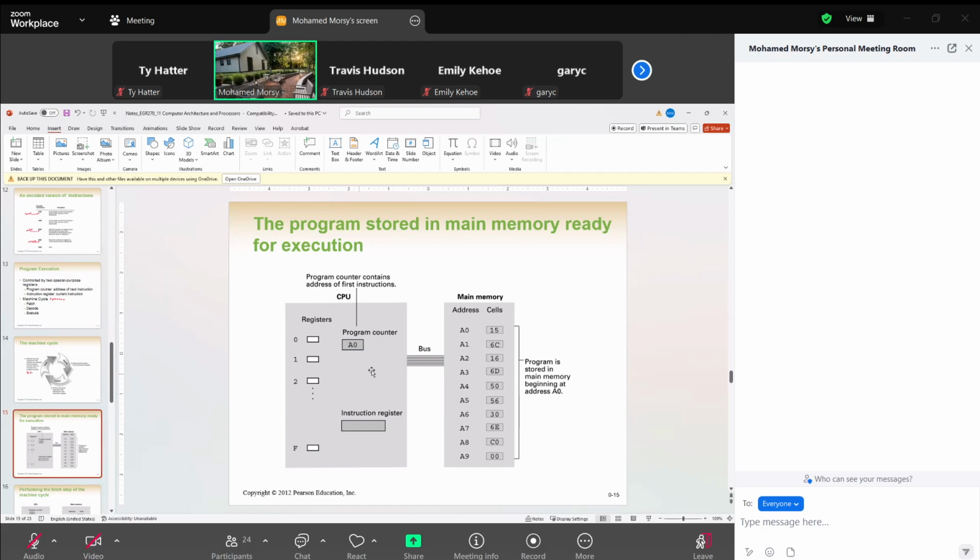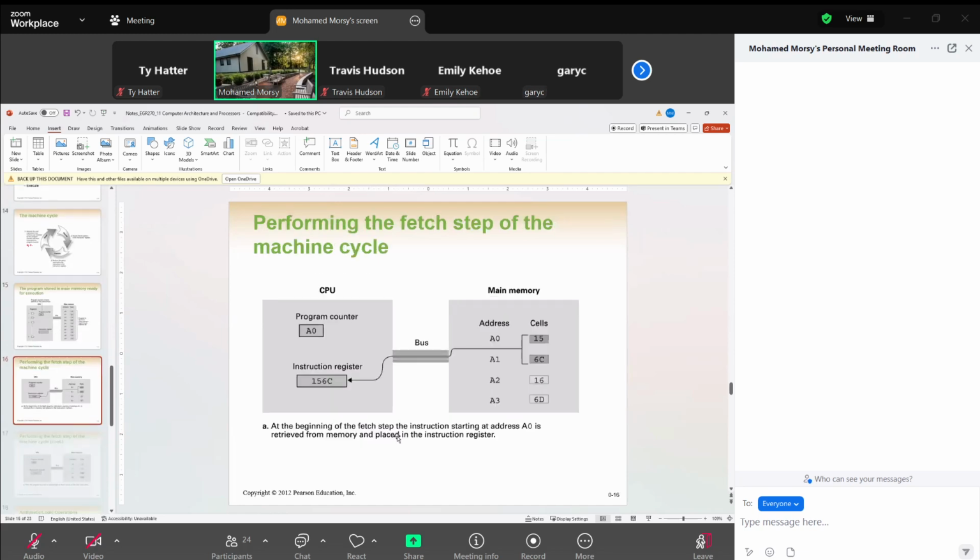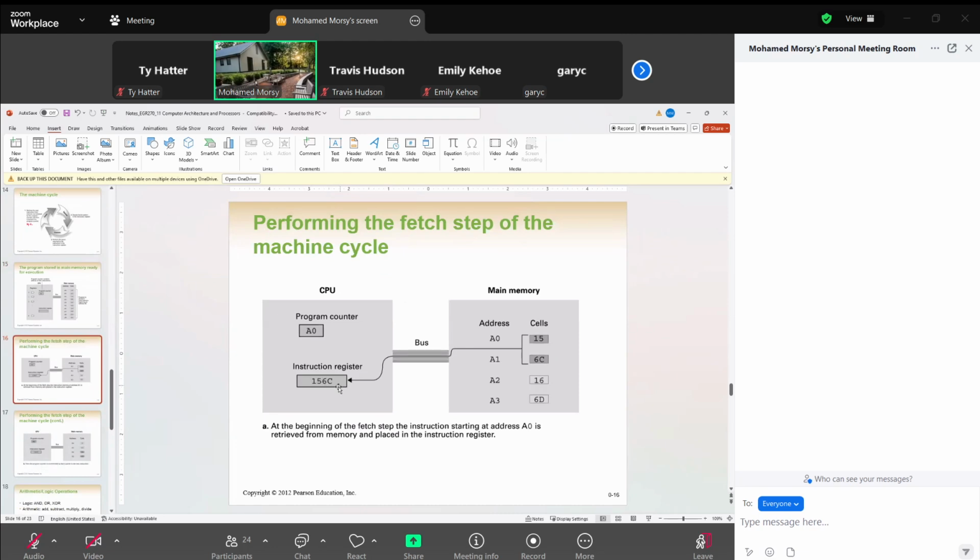When we retrieve the instruction, what can we read here? A0 is 15, A1 is 6C, so 156C.